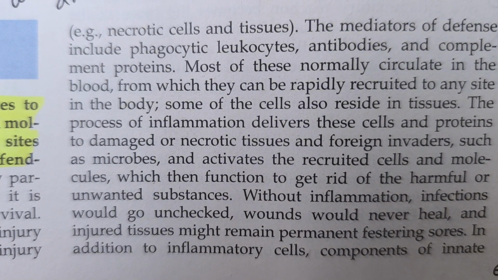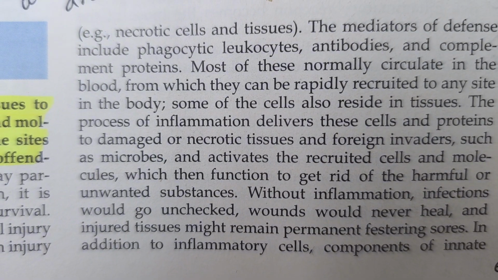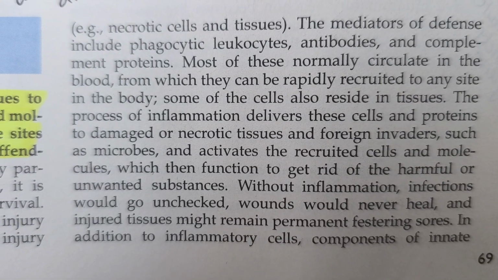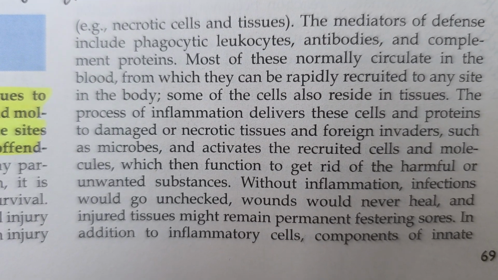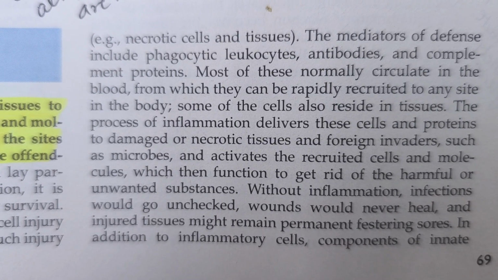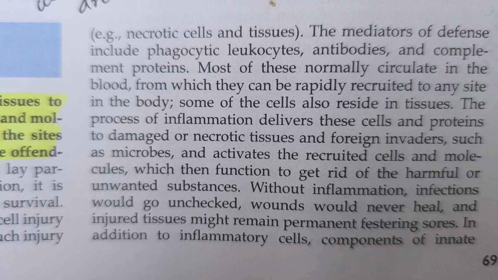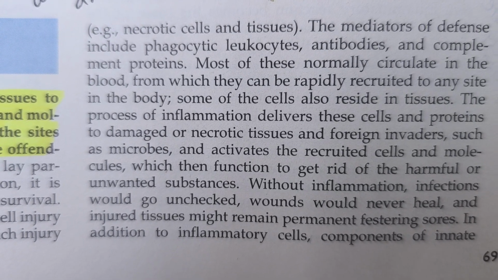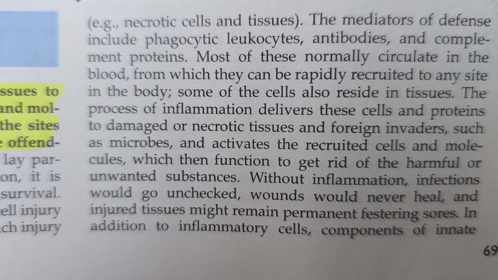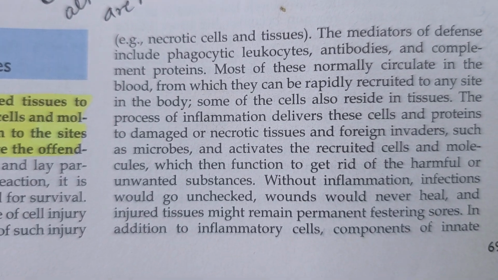The process of inflammation delivers these cells and proteins to damaged or necrotic tissues and foreign invaders such as microbes, and activates the recruited cells and molecules, which then function to get rid of the harmful or unwanted substances. Without inflammation, infection would go unchecked, wounds would never heal, and injured tissues might remain permanent festering sores.